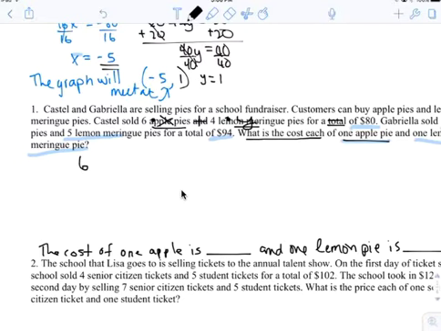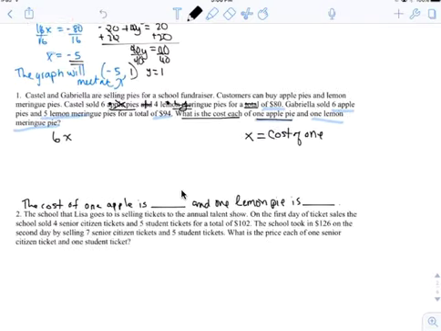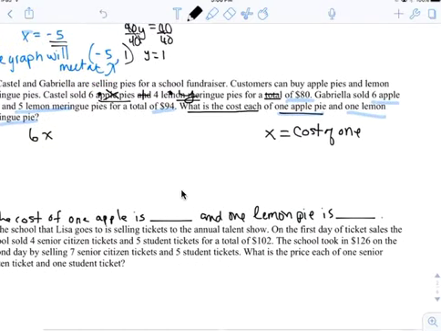So 6x, x represents the cost of 1 apple pie. So 6 pies times the cost of 1 pie will get you the total, right? 6 times whatever the cost is.